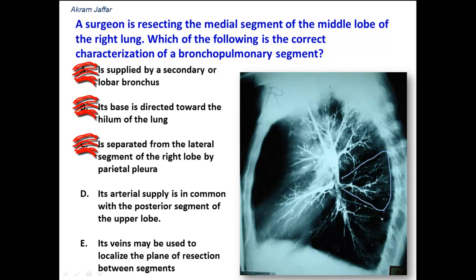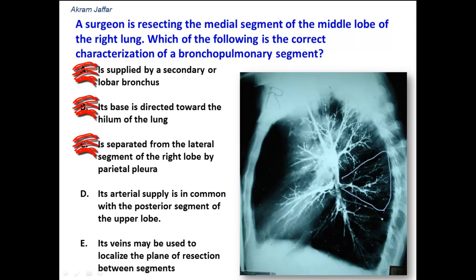And even the visceral pleura will not form a partition between the segments. The visceral pleura will form a partition between lobes of the lung by extending into the oblique fissure or the horizontal fissure in the case of the right lung, but it does not extend between the segments of the lobes to separate them. So this option is wrong, even if the visceral pleura was mentioned instead of parietal pleura in it.